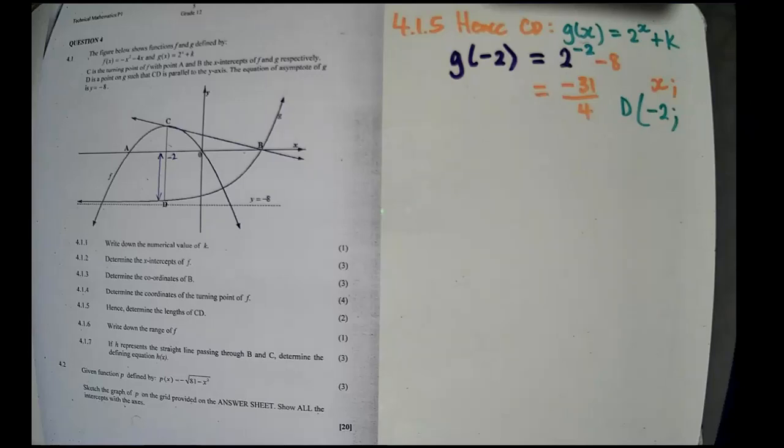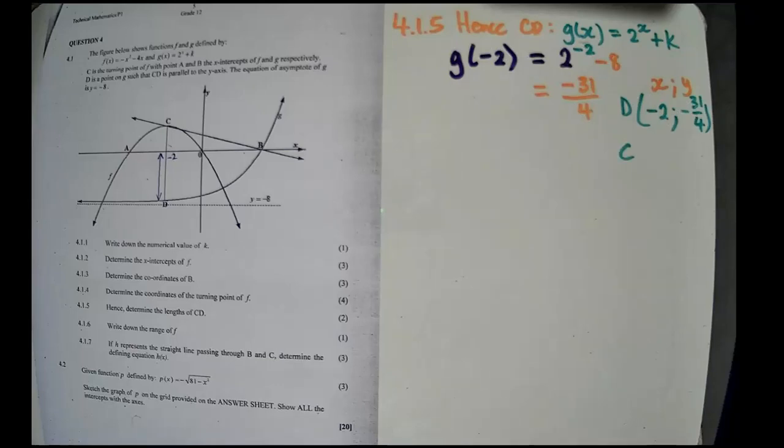That's going to give us an answer of minus 32 over 4. Do note we substituted minus 2, and as a result we get negative 31 over 4, which will now be the y value. So the x is minus 2, which was substituted, minus 2, and the answer was y, and so this is how we get the coordinates.